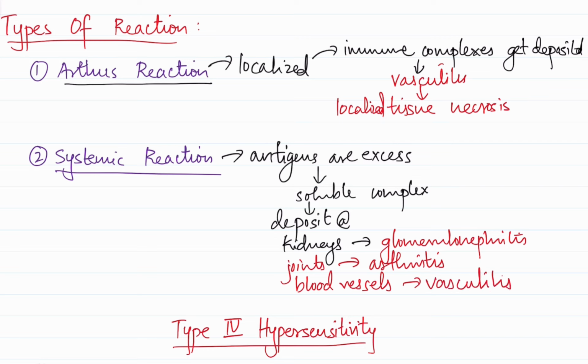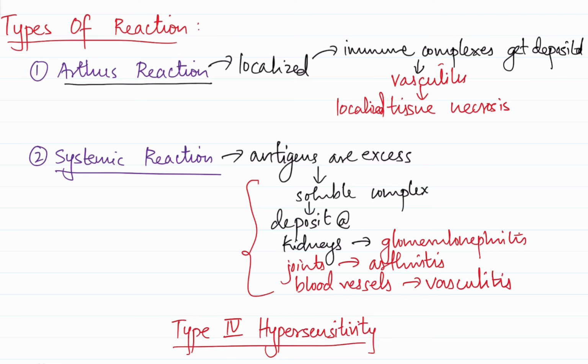Now, such systemic reactions were earlier seen when foreign serum, such as that of horse, was used for immunization, passive immunization, and so on.